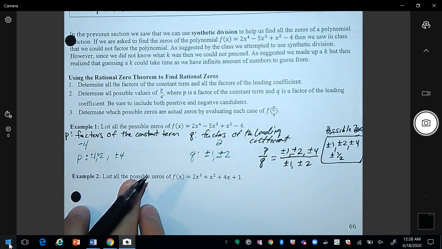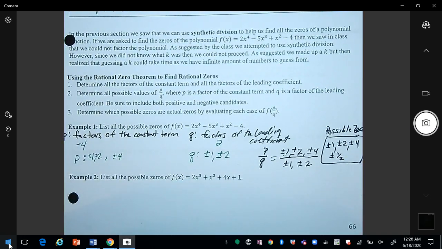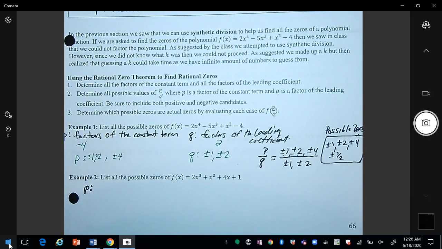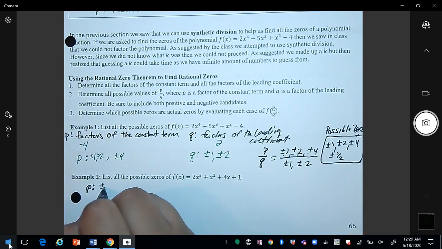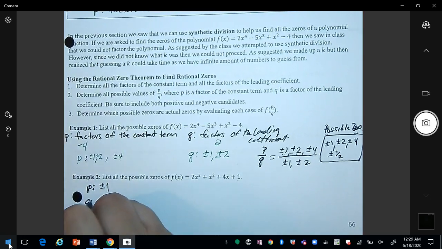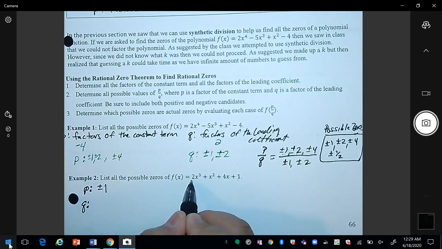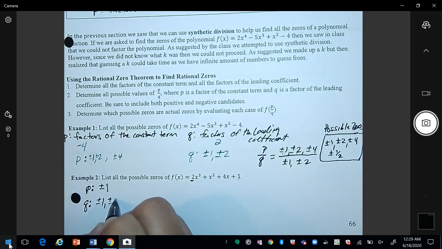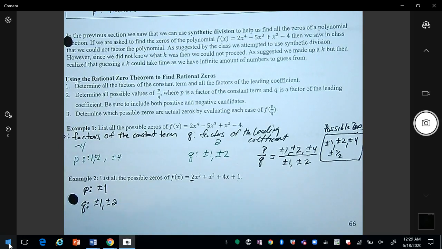Let's look at example 2, list of possible zeros. Again, the factors of p are the factors of the constant, in this case plus or minus 1. And for q, it's the factors of the leading coefficient, so in this case plus or minus 1, plus or minus 2.